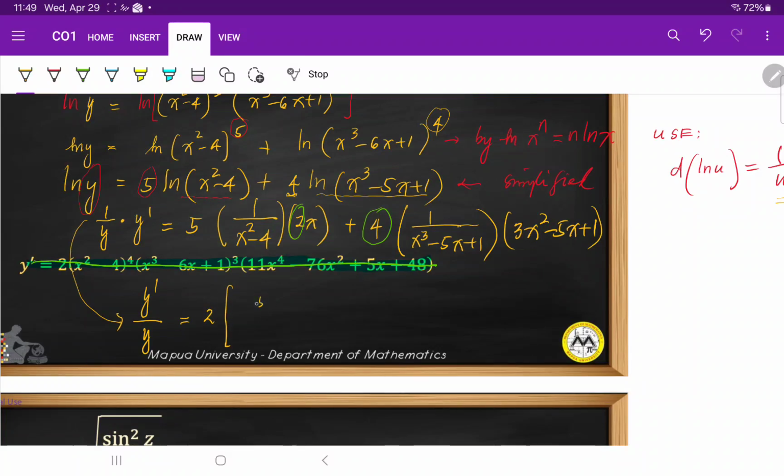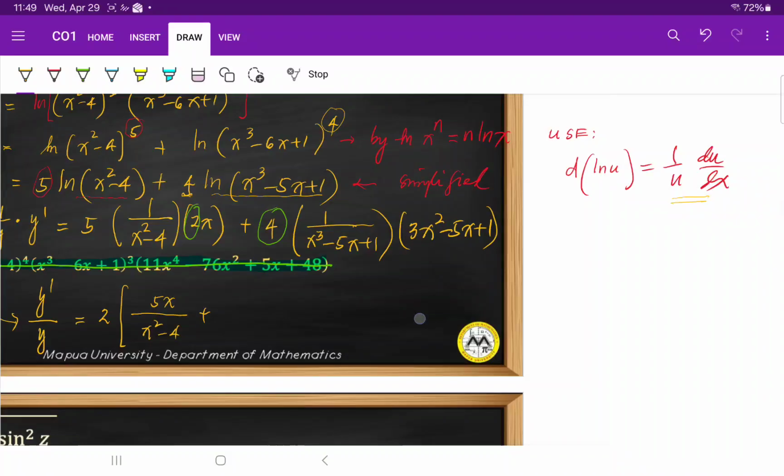This is now 5x over x squared minus 4, x times 5. Then plus, 4 becomes 2. So we'll have what? 2 times, which one?